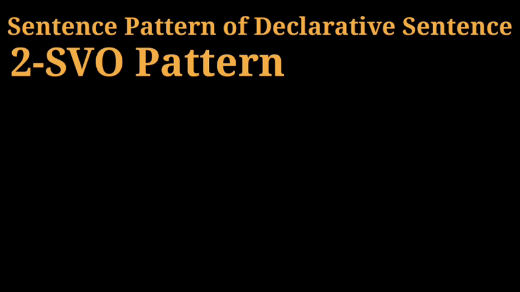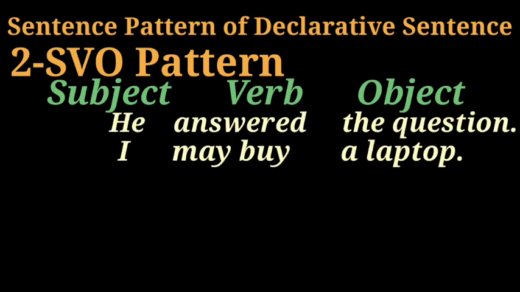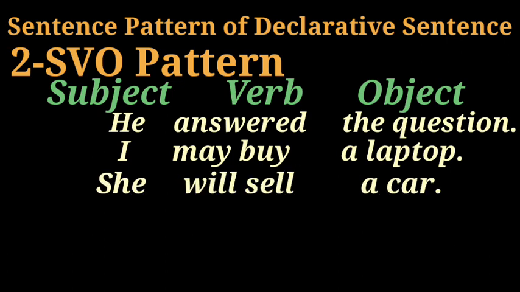The second pattern is the SVO pattern. Here S stands for subject, V stands for verb, and O stands for object. Here V is a transitive verb. Look at the examples. He answered the question. I may buy a laptop. She will sell a car. Here he, I, she are the subject.